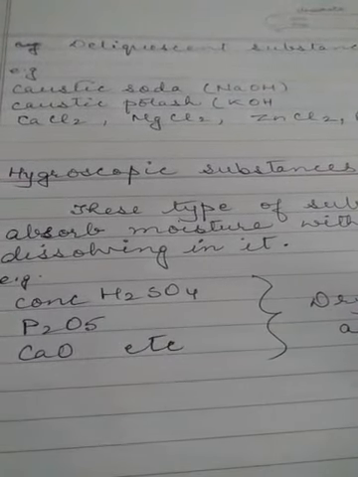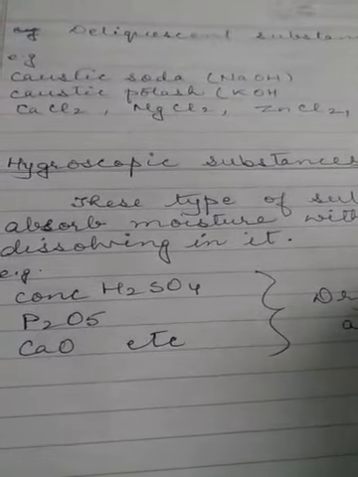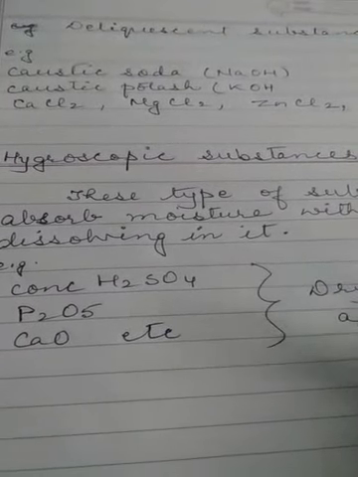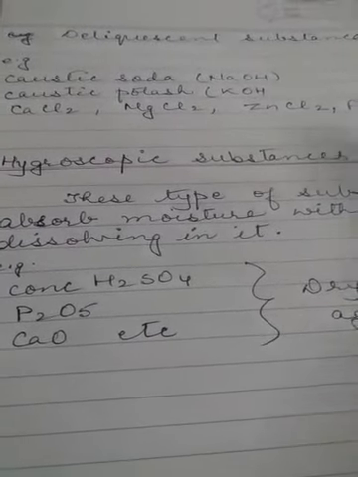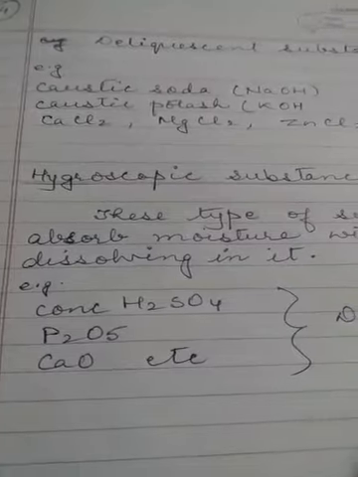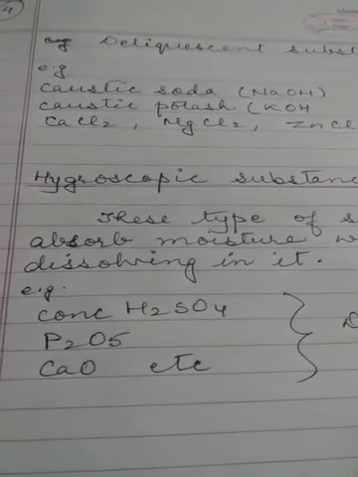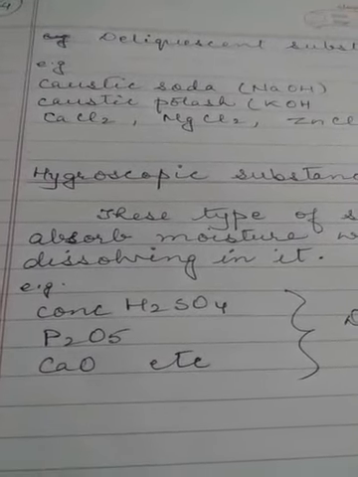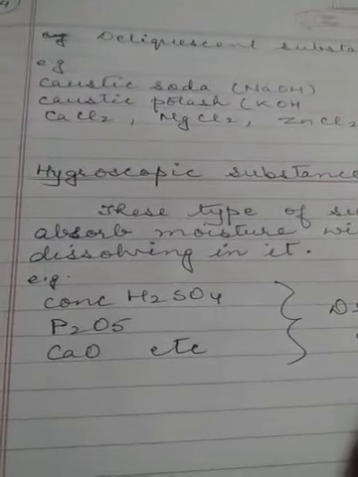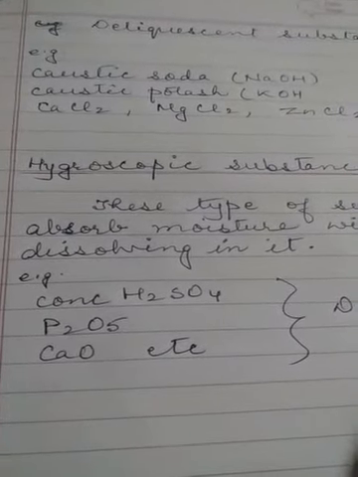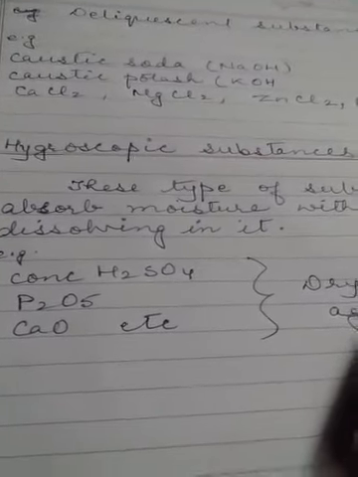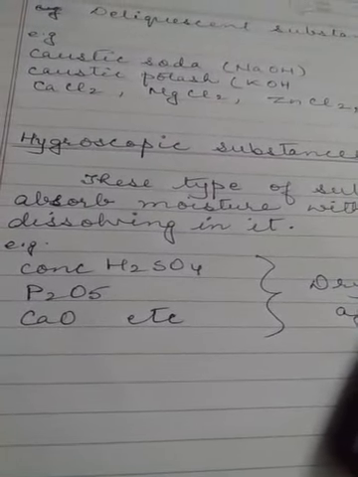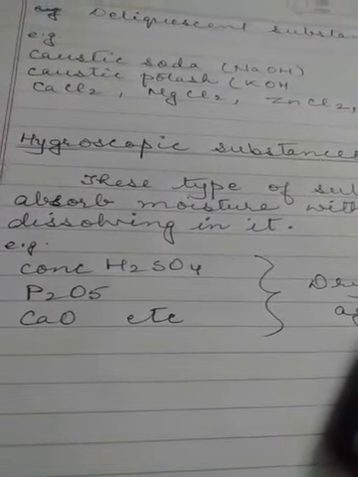Caustic soda is generally used in our daily life for clearing pipelines, like kitchen sink pipes. They are cleaned by adding sodium hydroxide or caustic soda when needed. And another one is caustic potash.